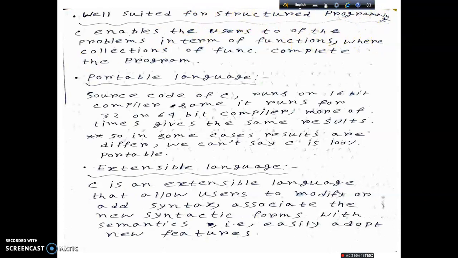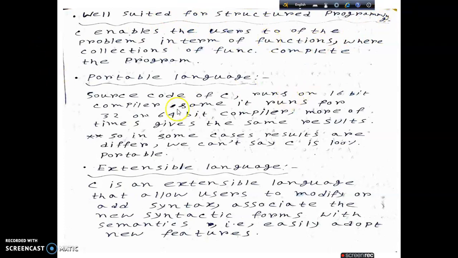There are maintenance structures, for example, which I will also discuss as our course moves forward. But for now, keep in mind that C enables the user to solve problems: we think of the problem in terms of functions, and the collection of functions completes the program. That is suited for structured programming.